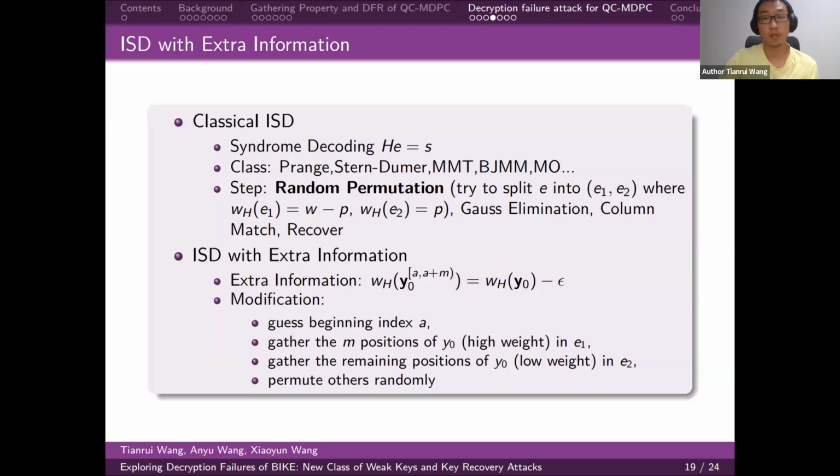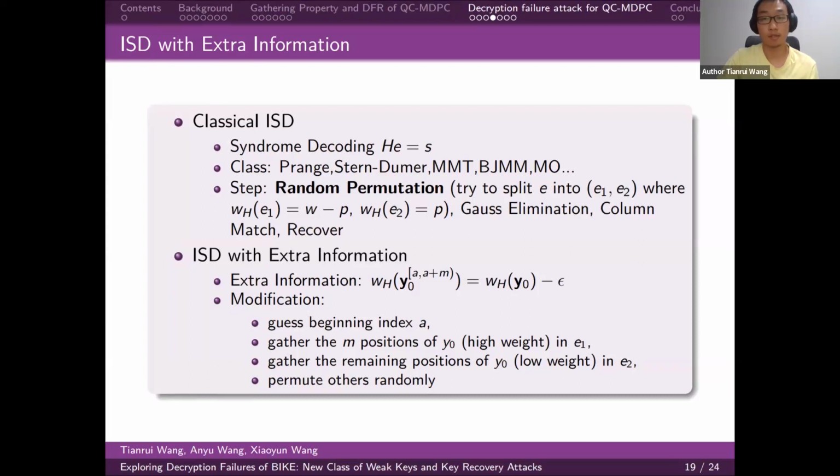For the classical syndrome decoding problem HE equals S, ISD algorithms are the most effective ones with the best complexity. These algorithms have a rich history, including Prange, Stern, MMT, and so on. All ISD algorithms follow some similar steps. We divide them as random permutation, Gauss elimination, column match, and recover.